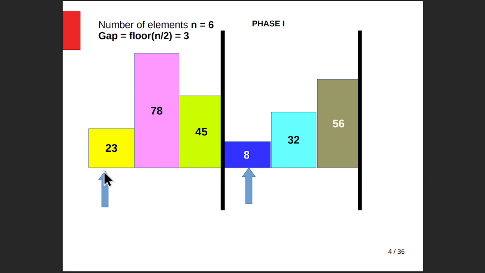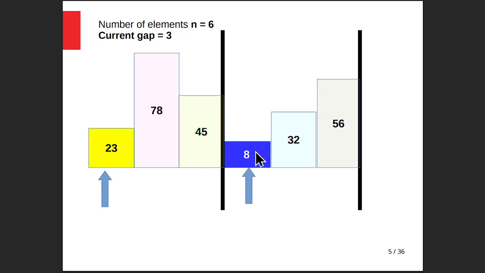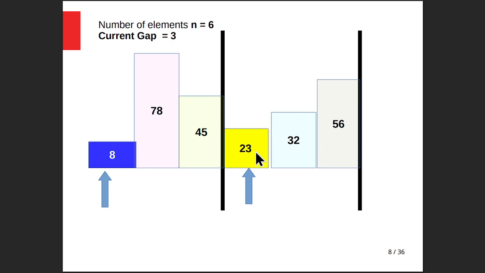So we first do insertion sort on the first element of the first partition and the first element of the second partition. Here you can see that this is in decreasing order. So we are trying to do this in increasing order. So 8 should be here and 23 should be here. There are only 2 elements, so we exchange that. Okay. So the first element of the partitions are sorted.